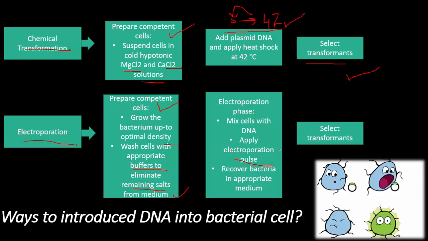When we provide the electroporation pulse, the pores in the bacterial membrane become open. They take up our plasmid. So next we select our transformant cells. How we select our transformants will be studied in the next slide.